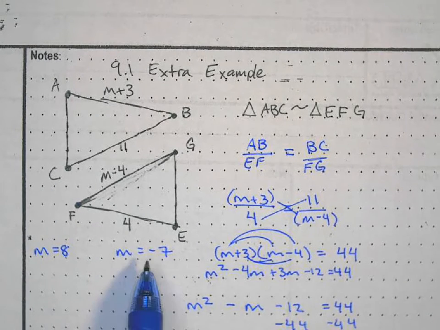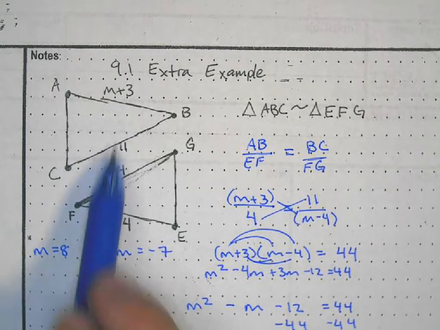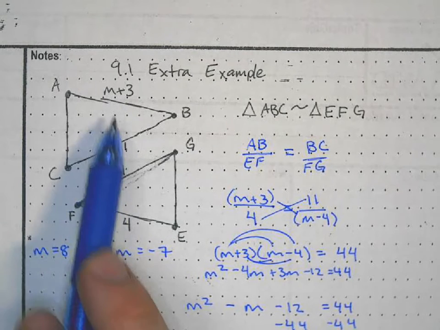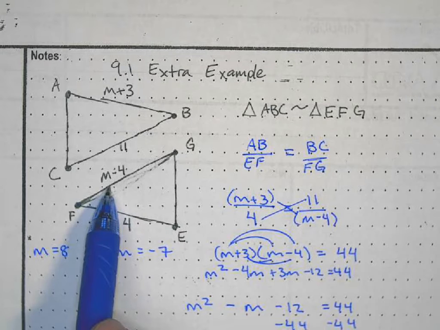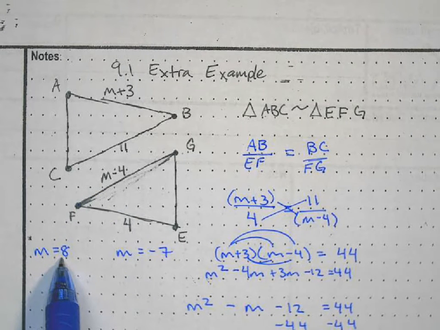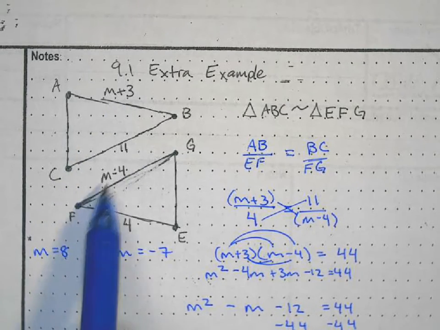Well, I can't use -7 because if I plug in -7, I would get a negative measurement. -7 plus 3 would be -4, so that's not good, and -7 minus 4 would be -11, and that's not good either. But if we plug in 8, we get a positive measurement for both. 8 plus 3 is 11, and 8 minus 4 is 4.